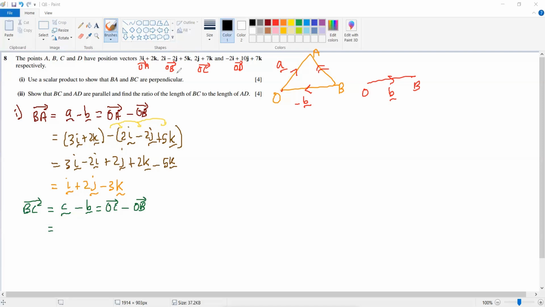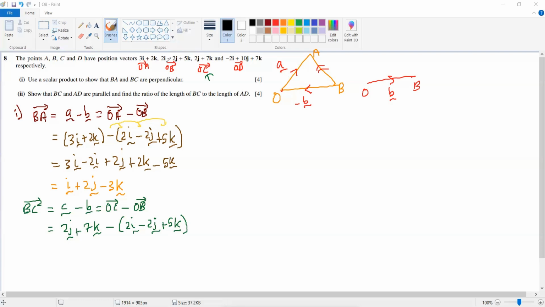Here, OC is 2J plus 7K. Sorry, 7K, I almost missed that. 2J plus 7K minus the bracket OB. OB is 2I minus 2J plus 5K.